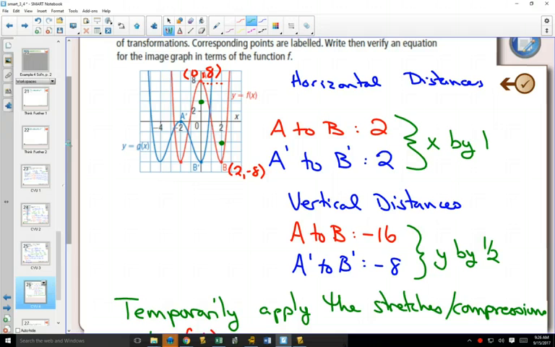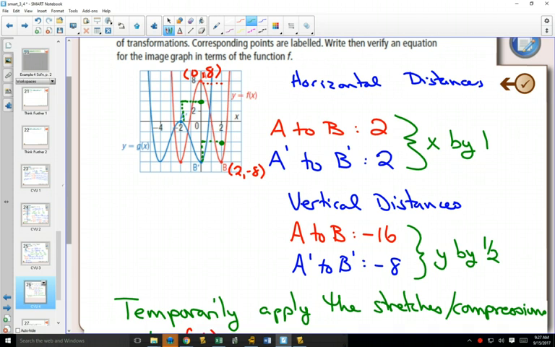So notice, for this point here at (0, 4), I'd have to go over and then down to get to A prime. And this one, I'd have to go over and down to get to B prime. And those will be the translations necessary in this graph. So if we hadn't applied the stretches and the compressions, you might think you have to go down 8 to get to A prime, but then that doesn't match up for B. And so applying those stretches and compressions, because that's how we work with things.